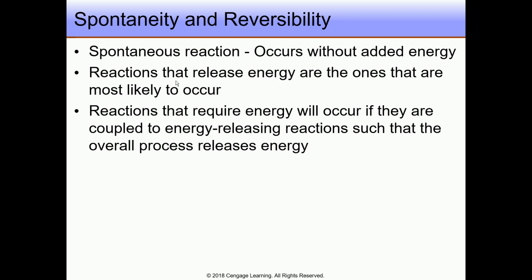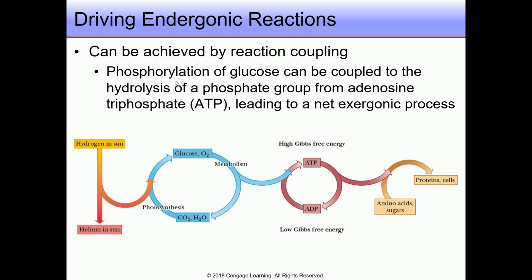Some reactions are endergonic, which means they need energy, and other reactions are exergonic. So there is a coupling of reactions inside our cells. Endergonic reactions, which need an input of energy, are coupled with reactions which release energy. For example, in our cells, glucose gets converted into glucose 6-phosphate.